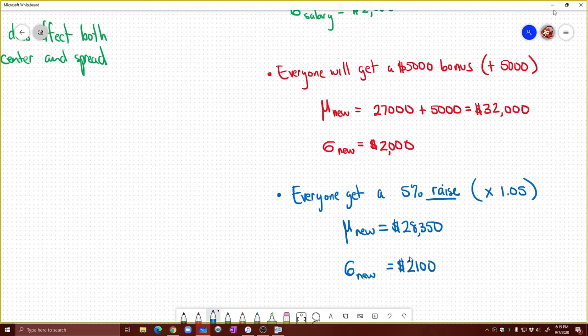So now if we're comparing, let's say the bosses are pushing this plan, the union is pushing this plan, and then it's going to be left up to a vote to the employees. Well, which plan would the employees prefer?